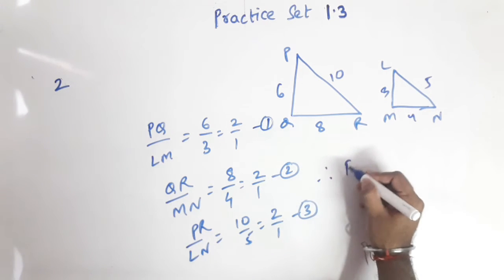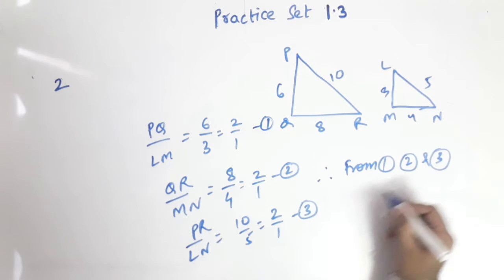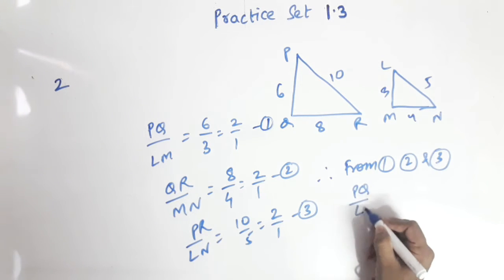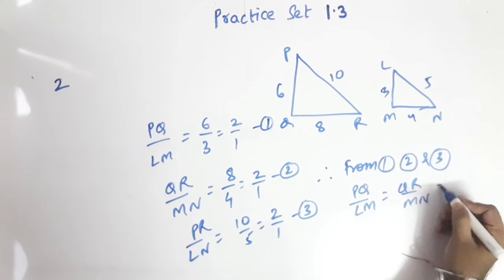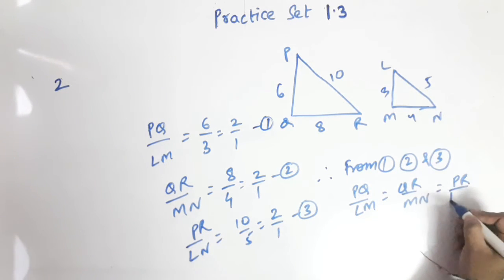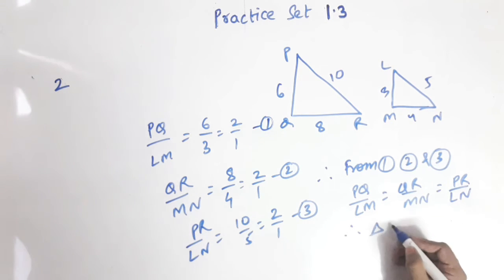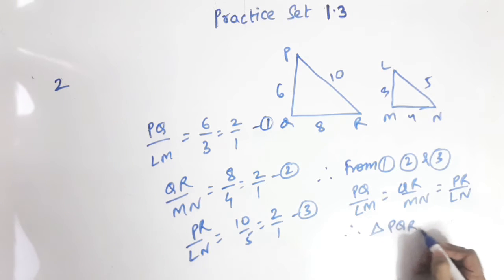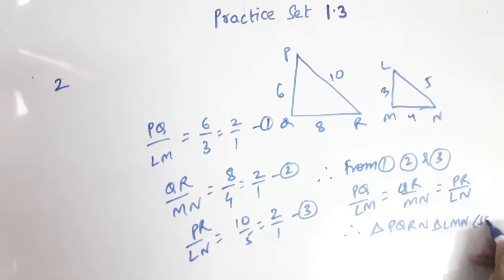Therefore I can write from 1, 2 and 3, PQ upon LM equals QR upon MN equals PR upon LN. That means triangle PQR is similar to triangle LMN by SSS test.